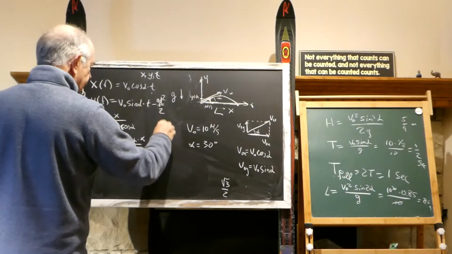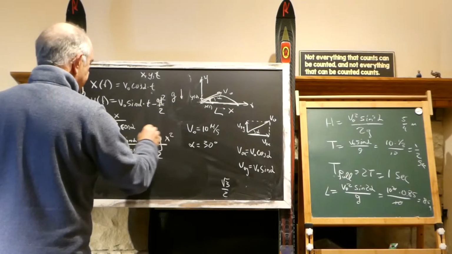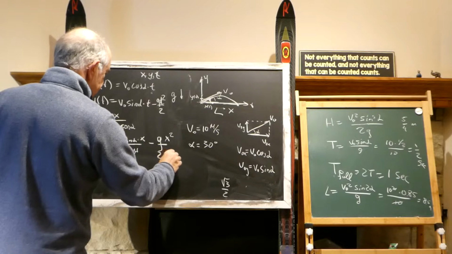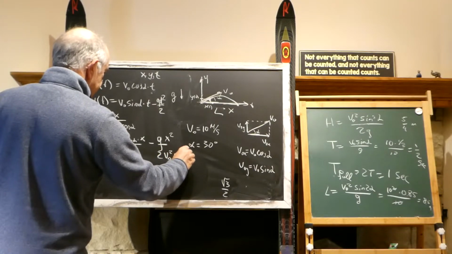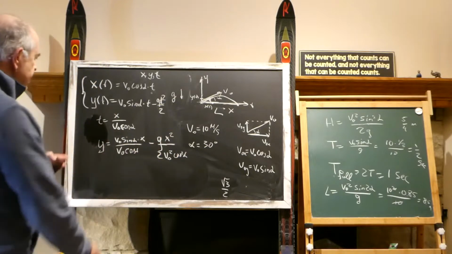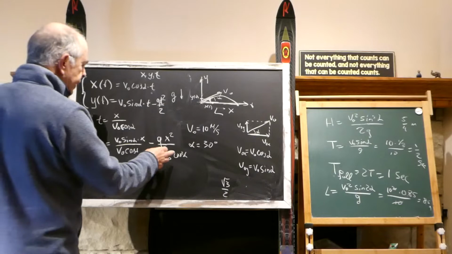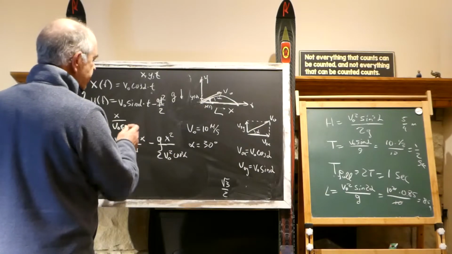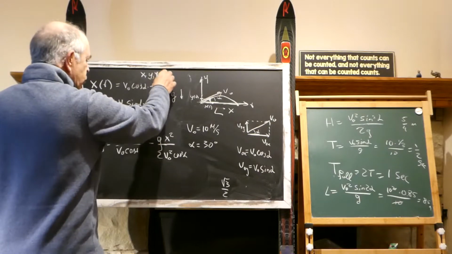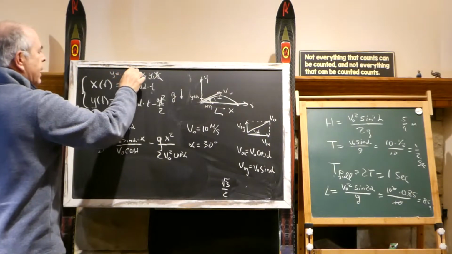So this would be x squared over v0 squared cosine squared alpha. And so this is an expression that contains v0 and alpha, and it defines how y depends on x. I excluded t, so I have dependence of y on x.